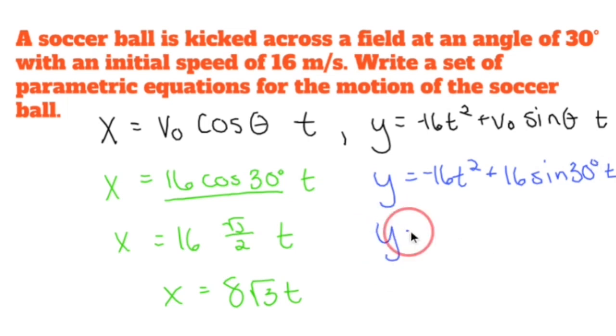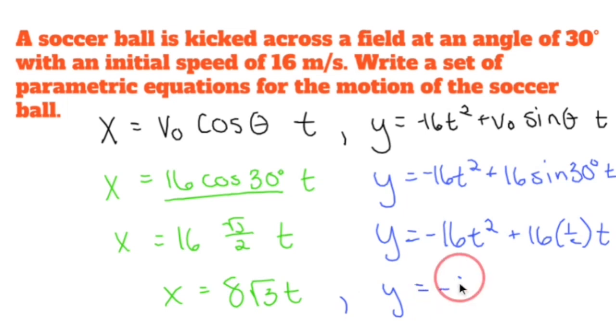So y is going to equal negative 16t squared plus 16 times a half times t, which ends up simplifying out to negative 16t squared plus 8t. Those are my parametric equations. Fun.